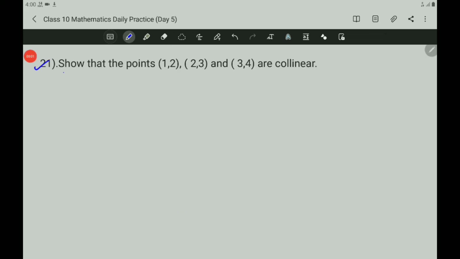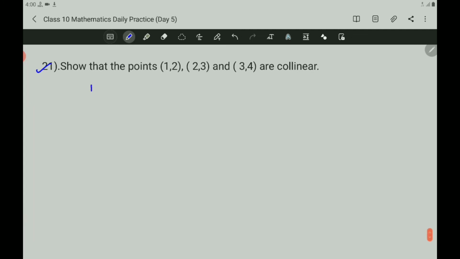Question number 21. Show that the points (1, 2), (2, 3) and (3, 4) are collinear. Here we have to use the area of the triangle. If you get that as 0, then you can say that these 3 points are collinear. Now you take (1, 2), (2, 3), (3, 4). Consider these are (x1, y1), (x2, y2), (x3, y3).